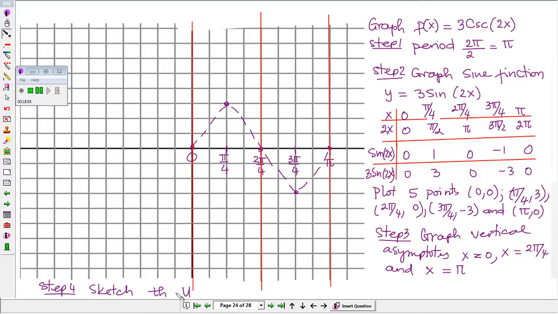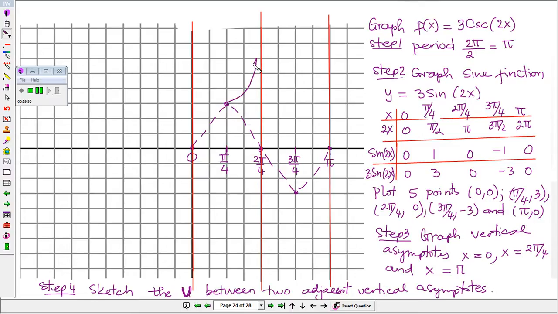After that, the last step, step 4, we sketch a U shape between 2 adjacent vertical asymptotes.